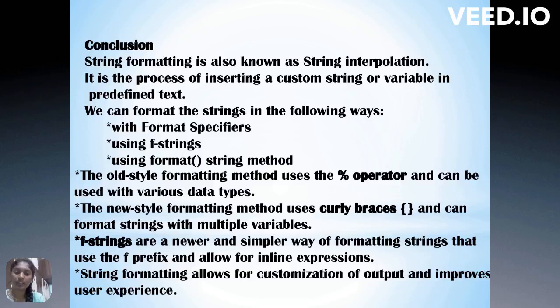The new style formatting method uses curly braces, flower brackets, and can format strings with multiple variables. F-strings are a newer and simpler way of formatting strings that use the f prefix and allow for inline expressions. String formatting allows for customization of output and improves user experience.